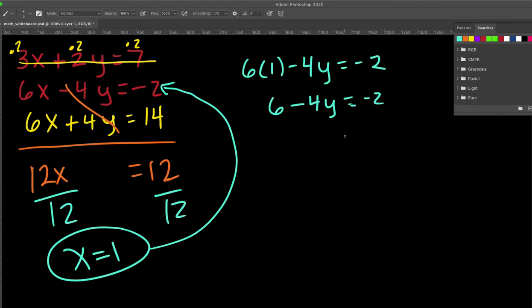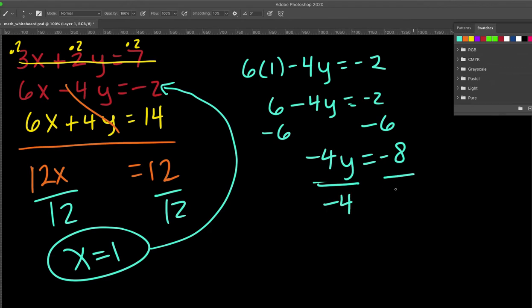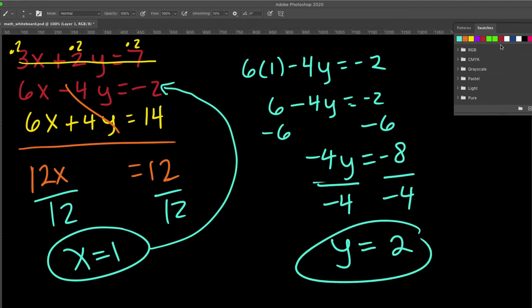And then I'm going to subtract 6. So we get negative 4y equals negative 8. Divide by negative 4. And then y equals 2. Negatives would cancel. 8 divided by 4 is 2.